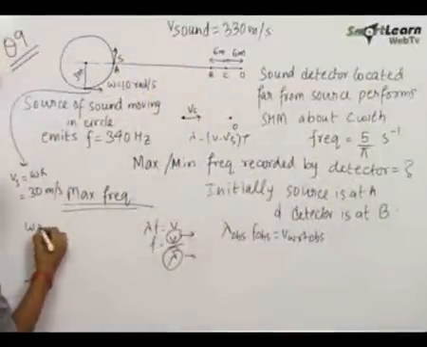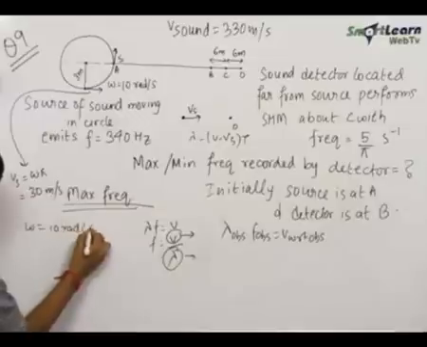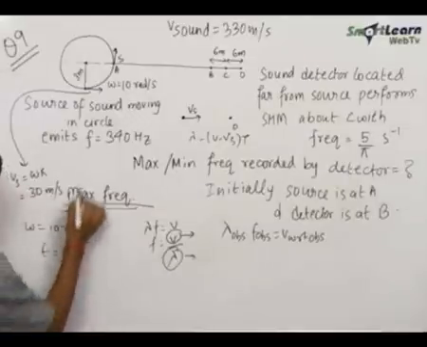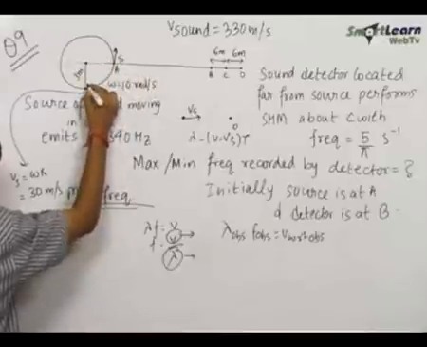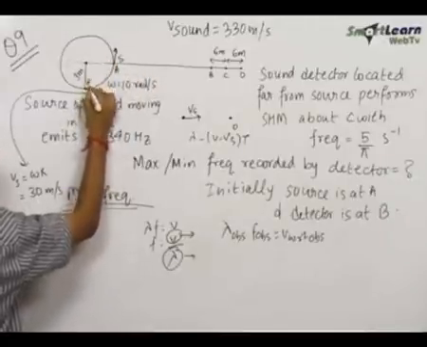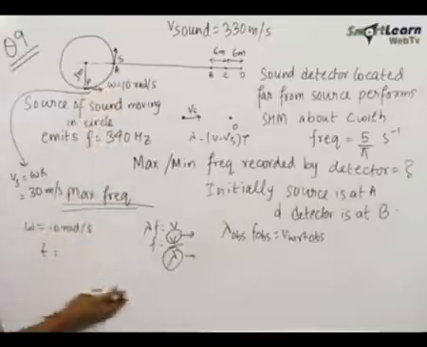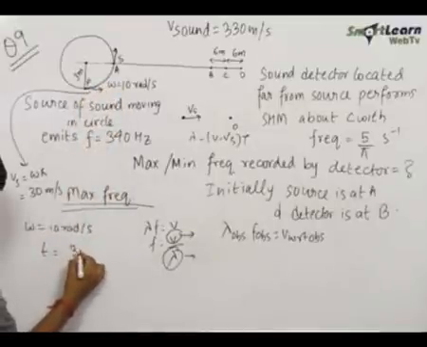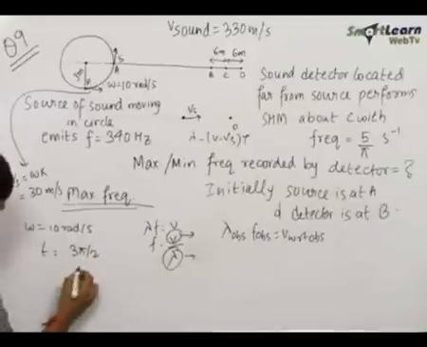Omega is equal to 10 radians per second. Therefore the time taken by the source to reach this point P will be equal to 3 pi by 2 radians upon 10. This is equal to 3 pi by 20.